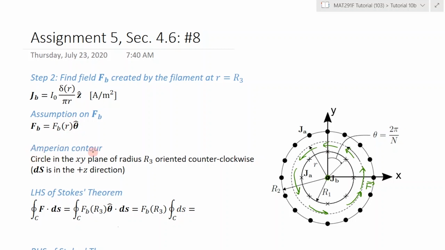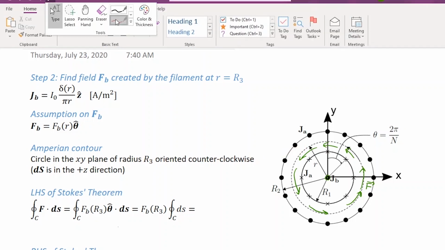Again, setting up an Amperian contour, we can make it a circle in the xy plane of the same radius and the same orientation as before.